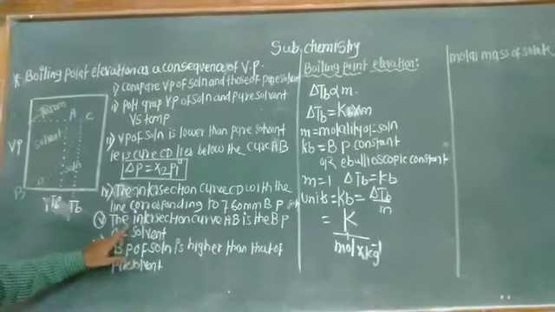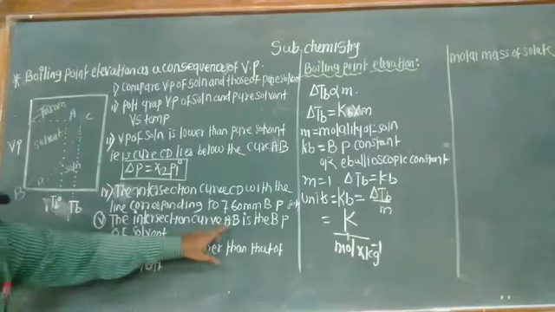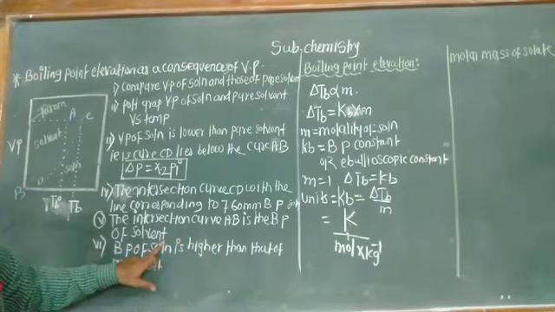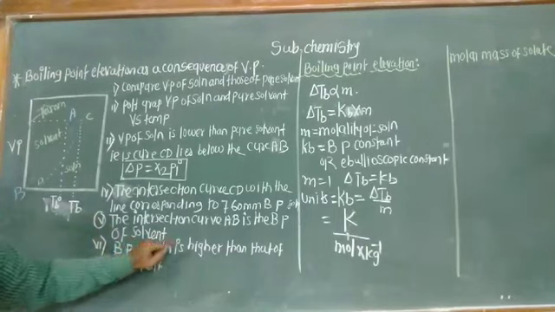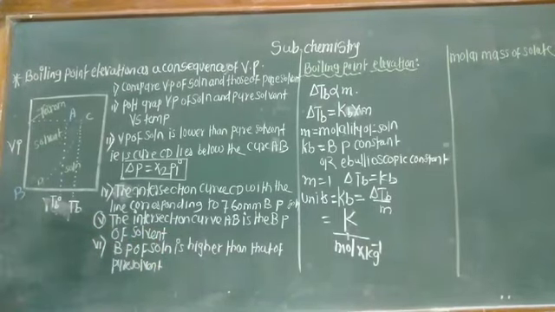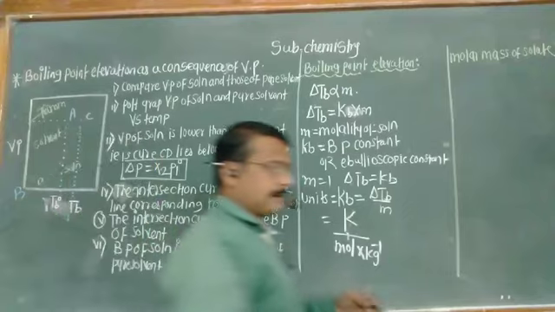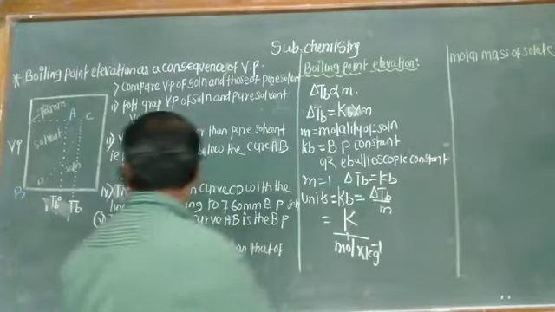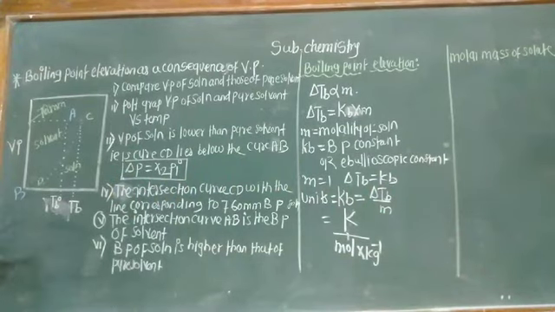Similarly, the intersection of curve AB is the boiling point of the solvent.